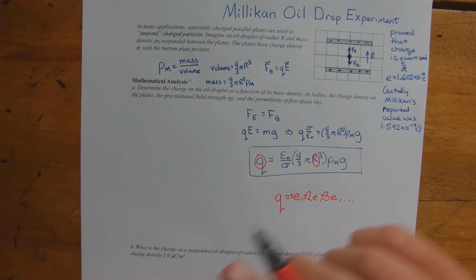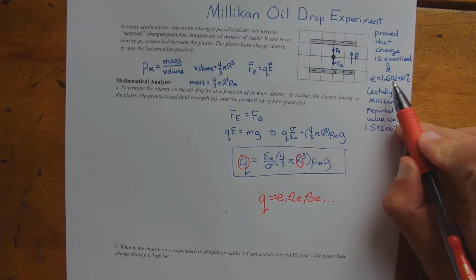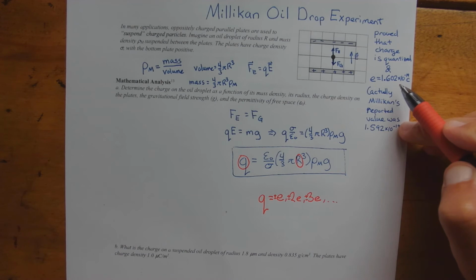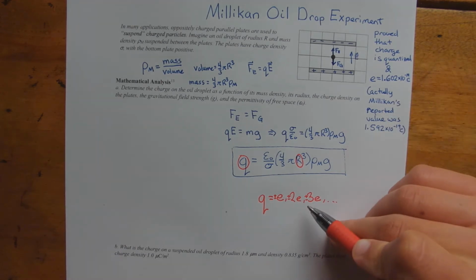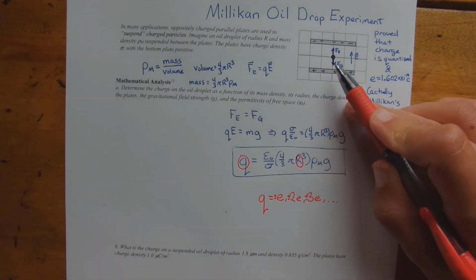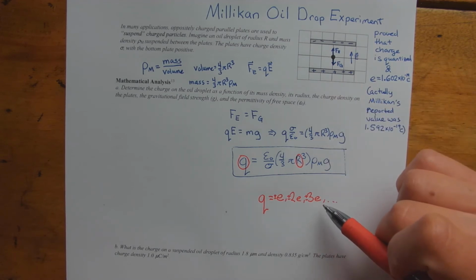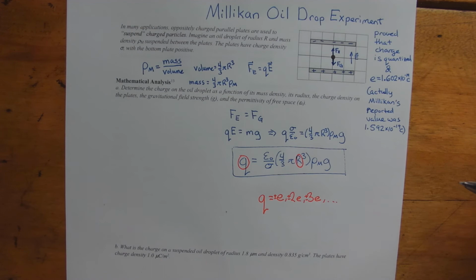Now, we know that is equal to 1.602 times 10 to the negative 19th. And we know that this is the absolute value of the charge on the electron. So depending on whether the oil droplets were missing electrons or had extra electrons and how many electrons they were missing, that would tell you what the charge was.